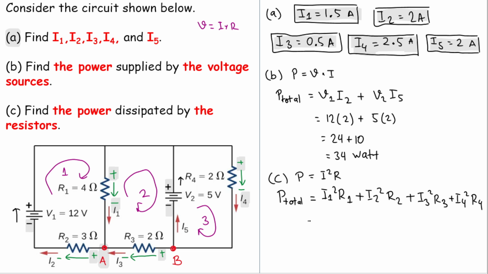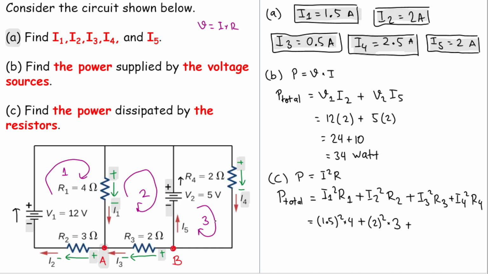Okay, so now we have I1. I1 is 1.5. So 1.5 squared multiplied by R1. R1 is 4. So have this. And then I2. I2 is 2. So 2 squared multiplied by R2. R2 is 3. So I have 3 here.